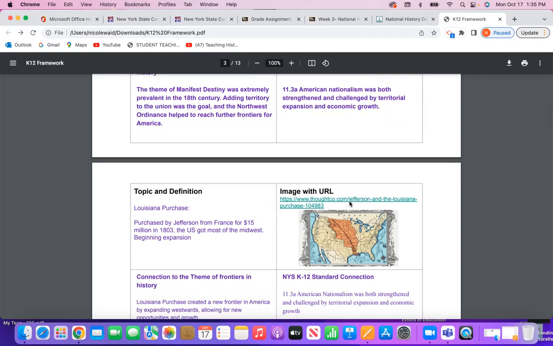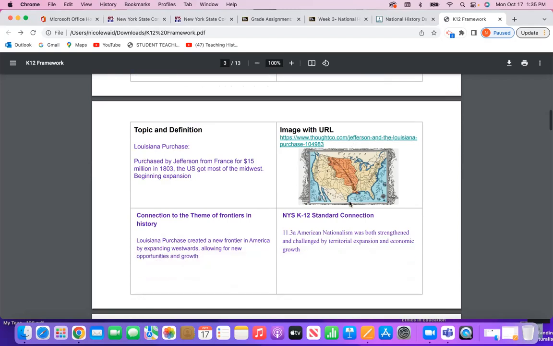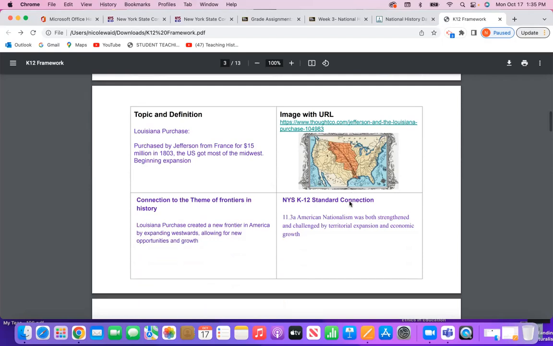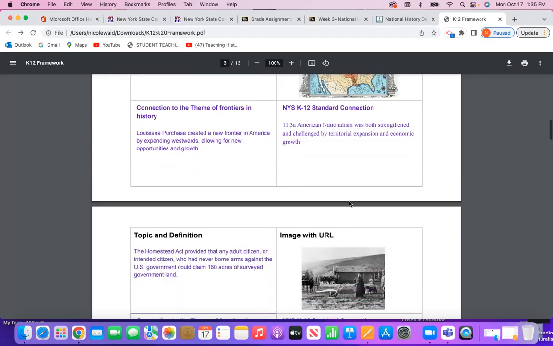Maybe you wanted to focus on 11 for your National History Day. Then you could have things like the Louisiana Purchase, which is in the same standard, 11.3A.